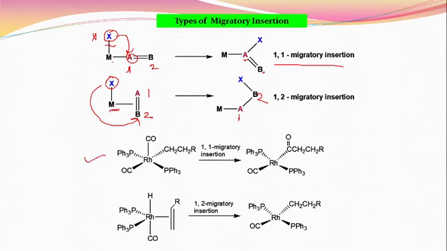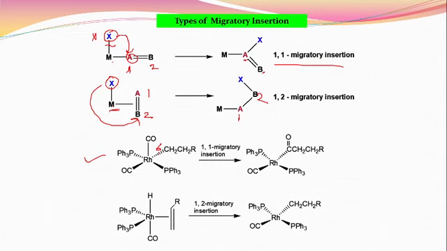This is the example of 1,1 migratory insertion. What happened here? This is RH, and this is carbonyl, which is directly bonded to the rhodium. This is a migrating group, and here this is the CH2, which forms a sigma bond with the RH.